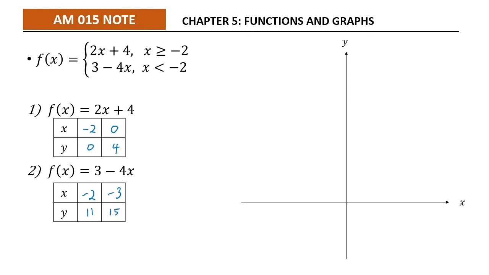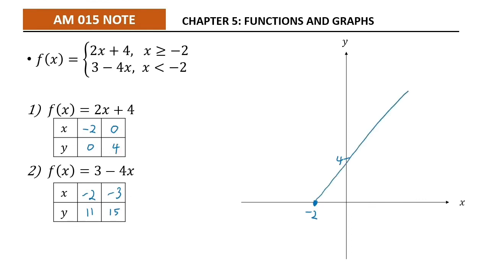Then sketch graph. For the first line, 2x plus 4, x equal to negative 2, y equal to 0, included, and then x equal to 0, y equal to 4. Straight line.